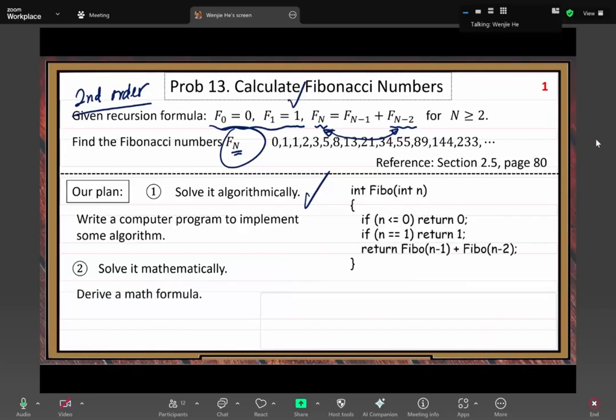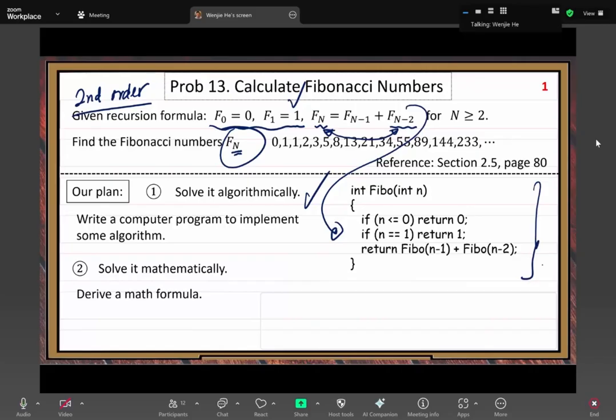For the first way, let's look at a simple implementation. Given the recurrence relation, we already have it, so we do not need to derive it. Since it is given, we can write its implementation directly like this, just a few lines.